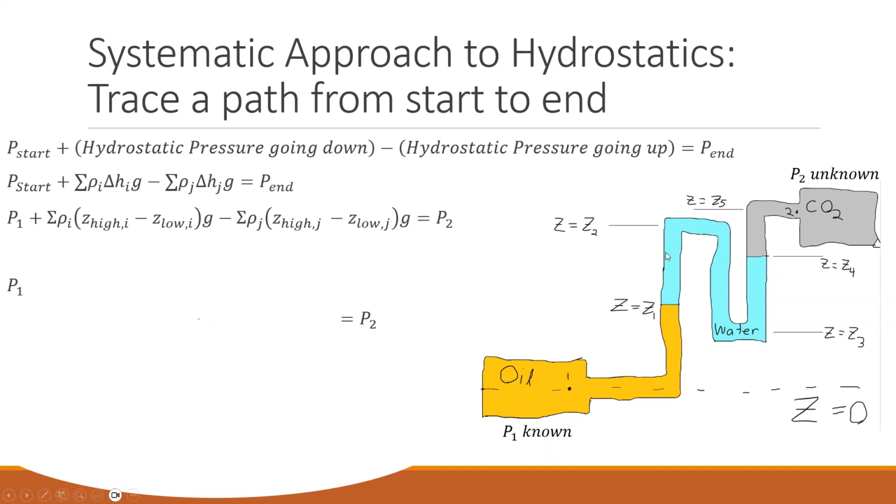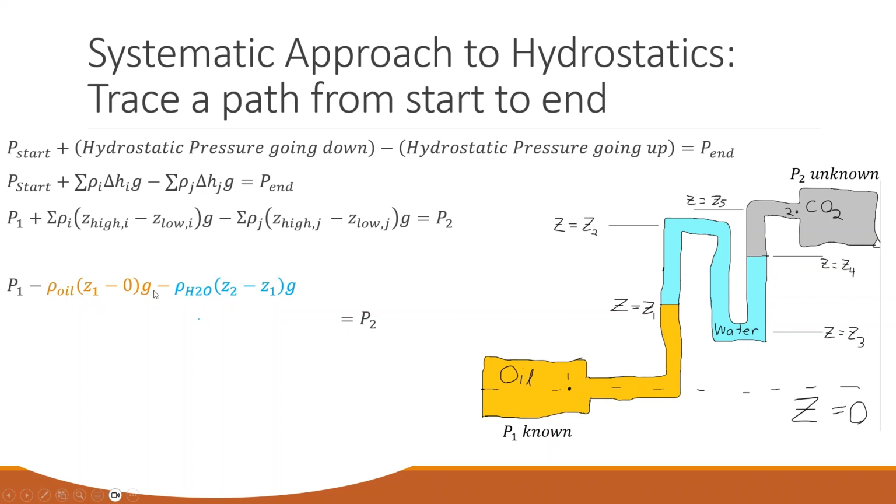So here, for instance, I made this crudely drawn thing in Paint. Sorry if it's hurting your eyes. We all can't be perfect. Anyways, I'm going to start at 1 and end at 2. We start off with a known oil pressure, and then we go from 0 to Z1, so Z1 minus 0. We went up, negative sign out front. Z1 to Z2, again we went up, so minus sign out front.